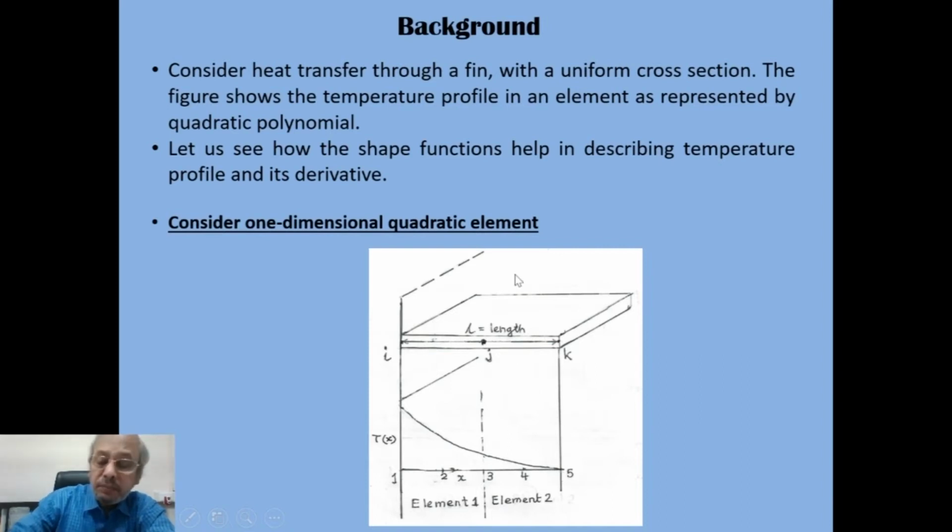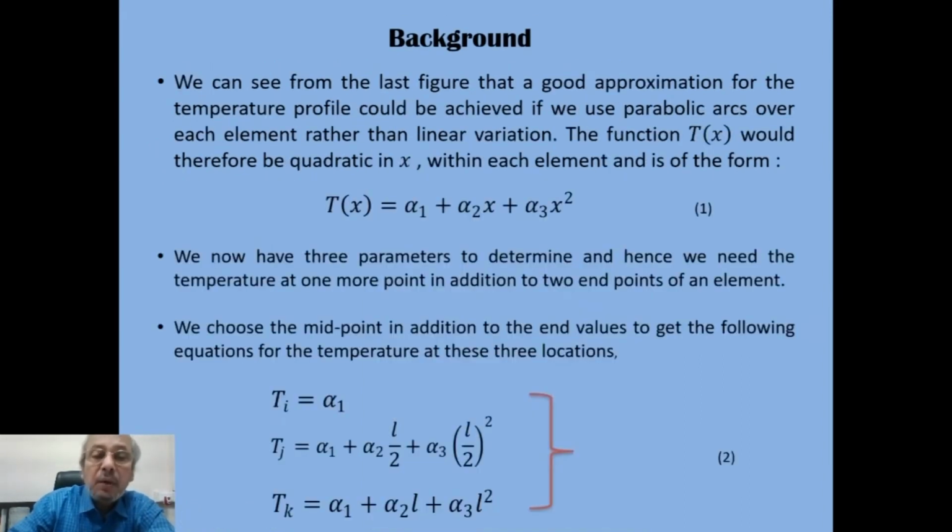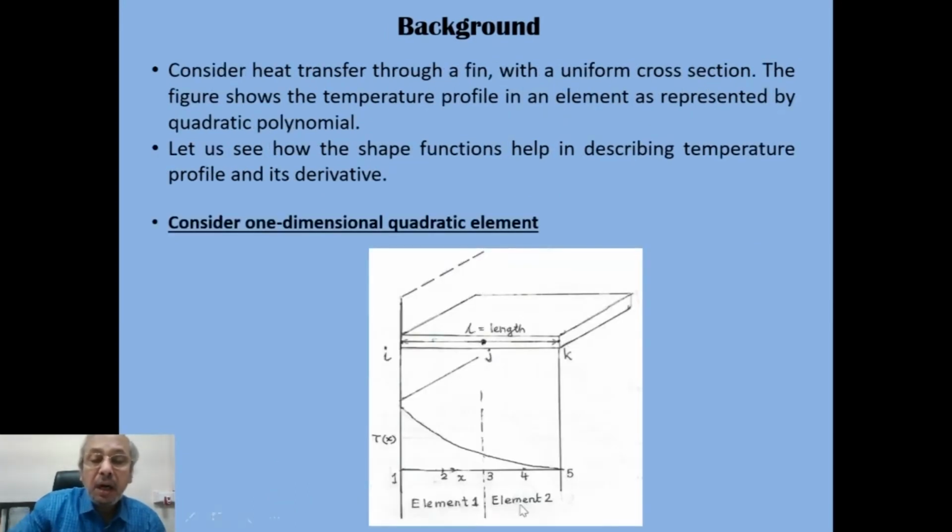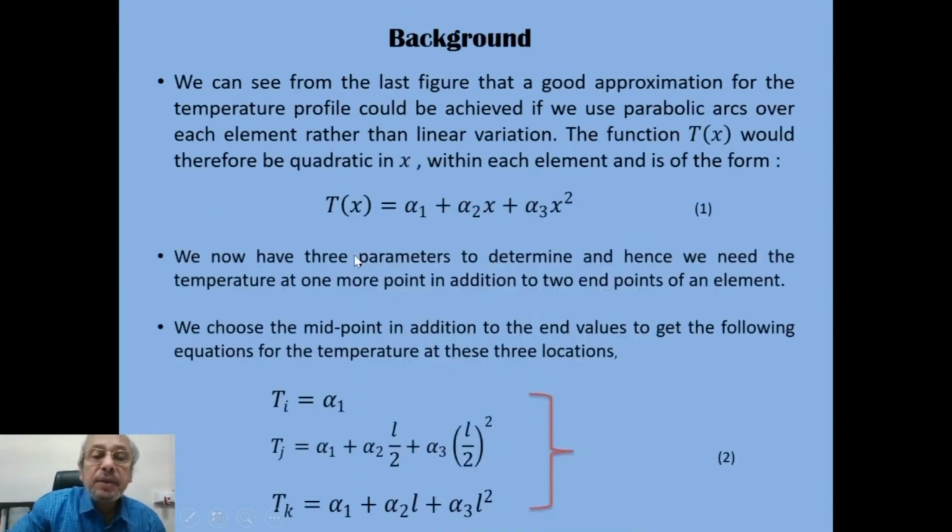Now, if we want to analyze the last picture, we can say that the temperature variation over this element from I to K can be represented by alpha 1 plus alpha 2x plus alpha 3x squared.